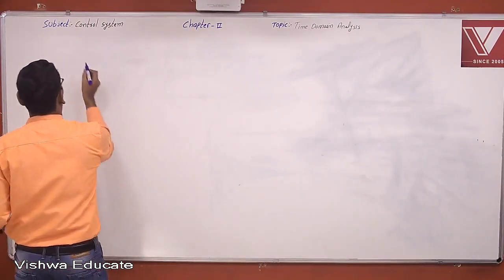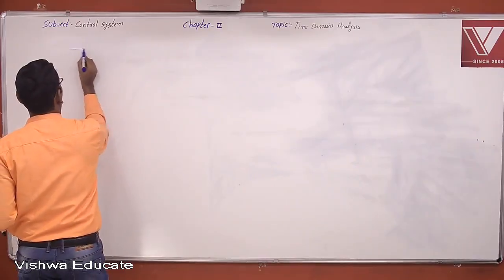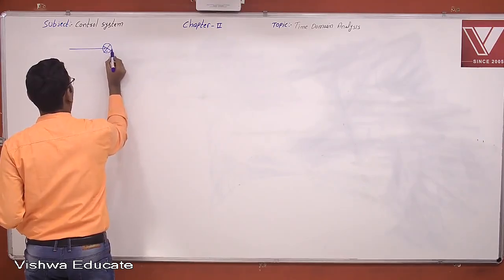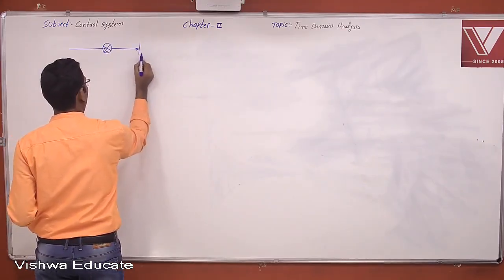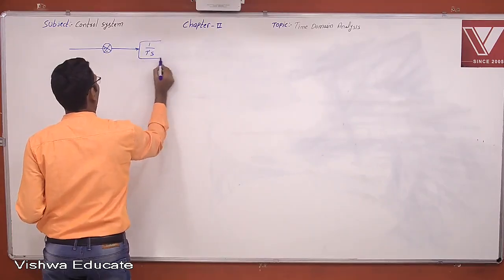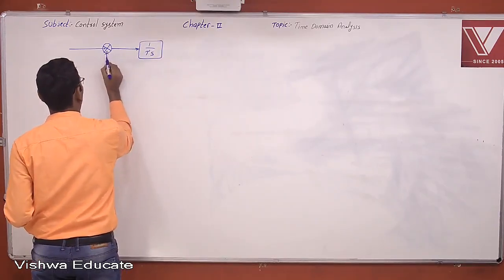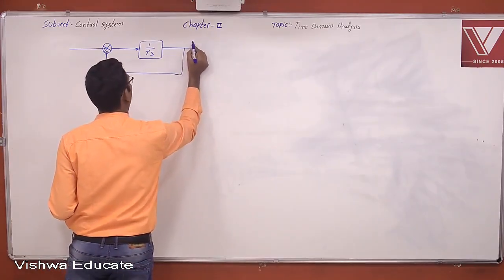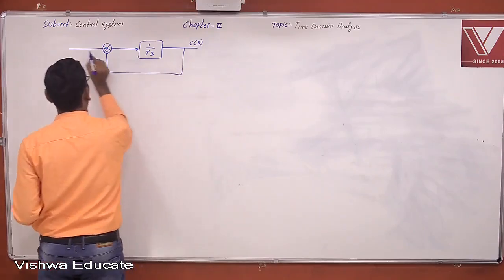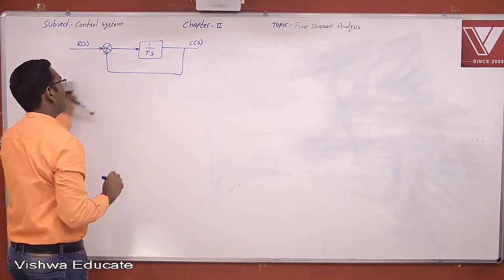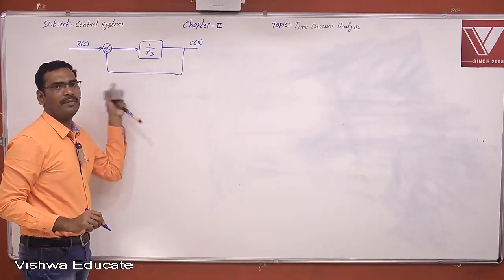By considering the following block diagram, first you find the transfer function. Now this is the block diagram which is given to you. This is the forward path gain, and this is the feedback path gain, and this is the negative feedback.